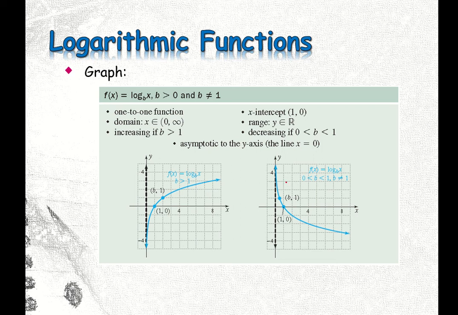Alright, so similar to exponential function. But this time the asymptote, as you look at this graph here, the asymptote is the y-axis, or that is x equal to 0. So this is the asymptote, the broken line.